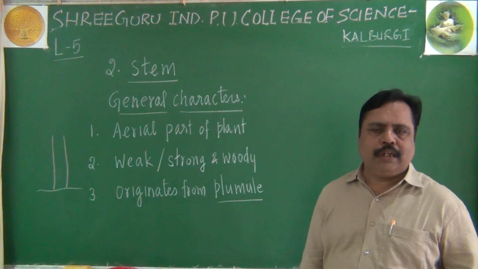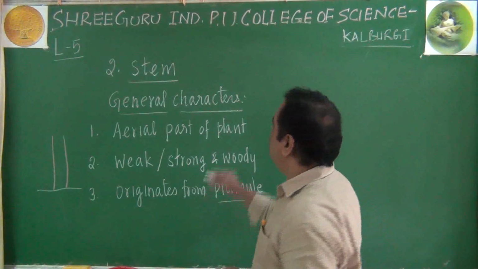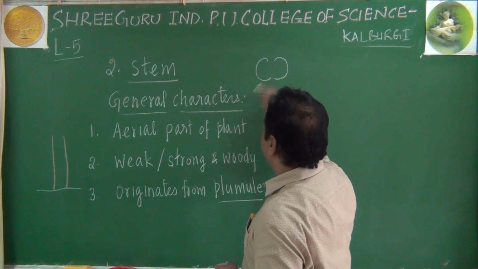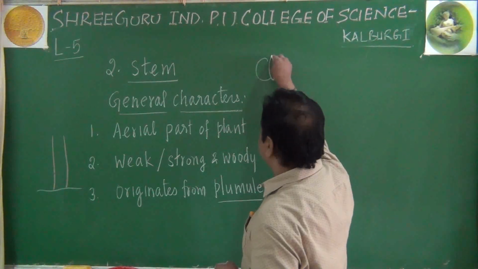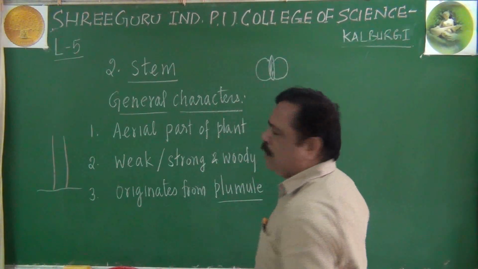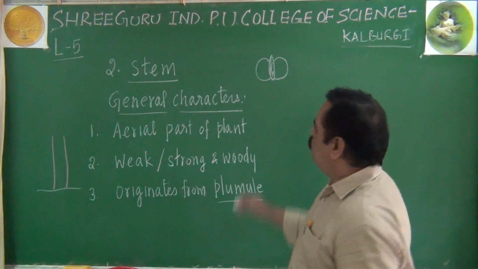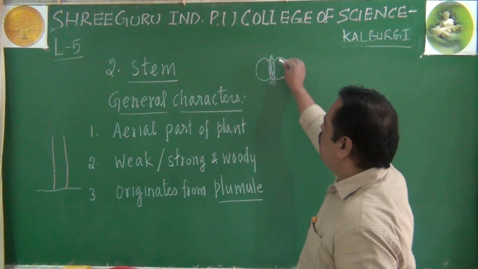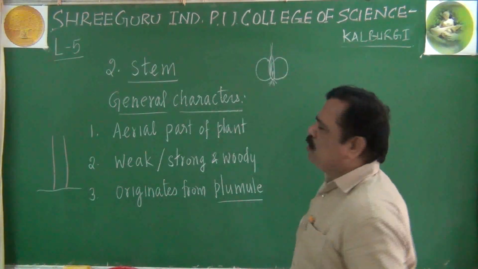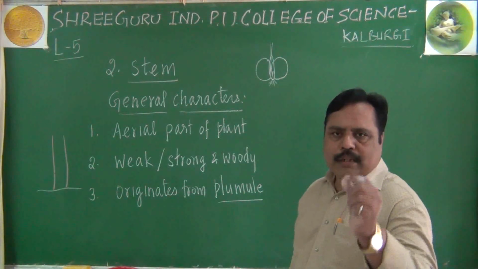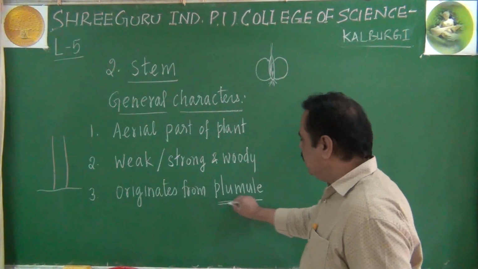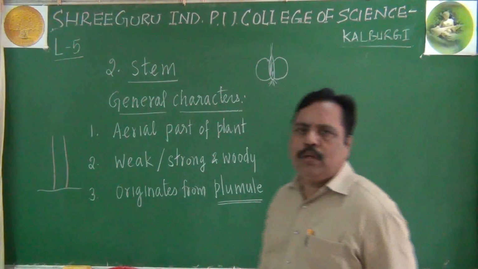Do you remember that? When we open the seed, there will be an axis like structure, that is called the embryonic axis. One end of the embryonic axis will give rise to root. Another end will give rise to stem. That part from which the stem arises is called the plumule, remember.